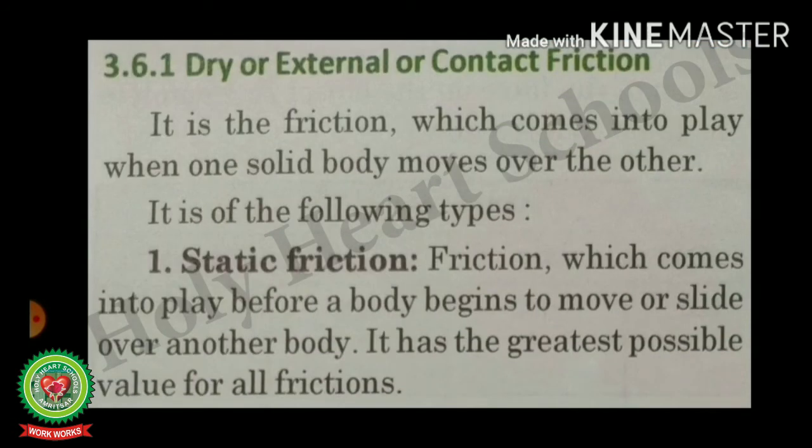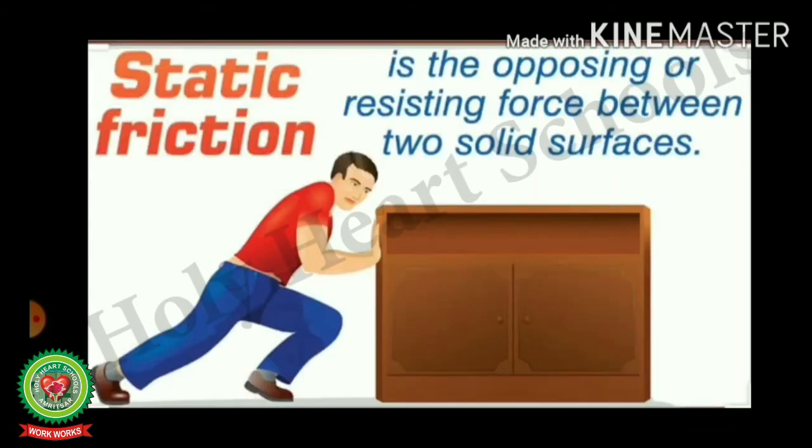Let's read the topic from book. Dry or external or contact friction. It is a friction which comes into play when one solid body moves over the other. It is of following types: static friction, friction which comes into play before a body begins to move or slide over another. That means when a boy is applying force on the box, it does not move.